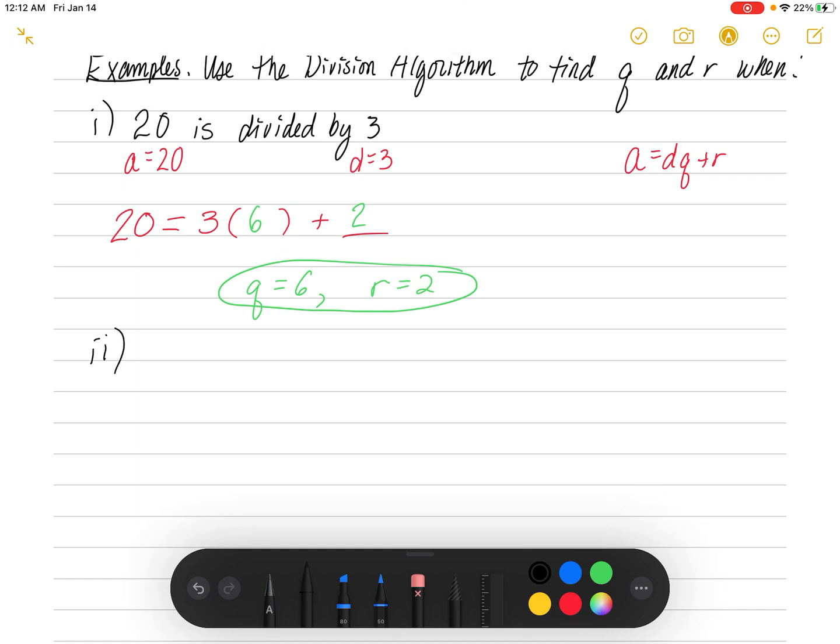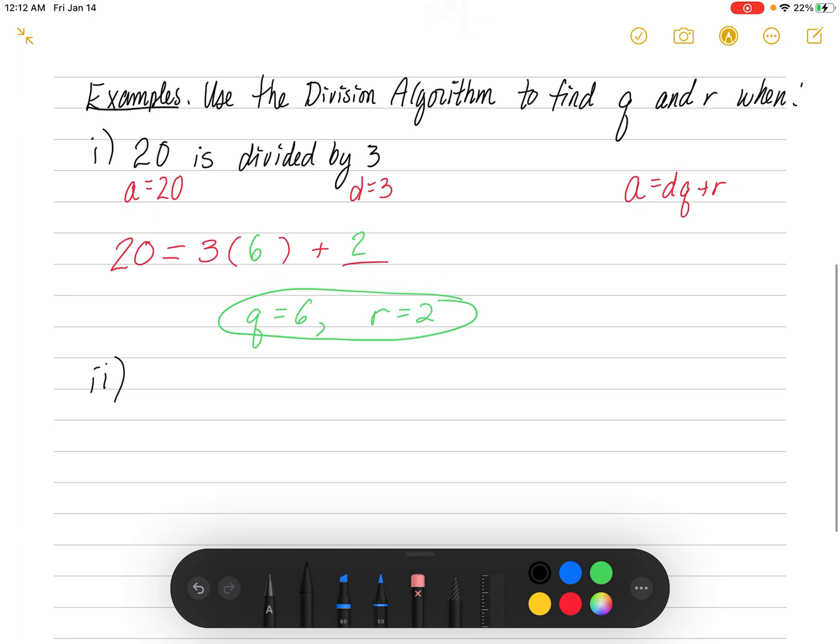So use the division algorithm to find the Q and the R when this time our A is 212 and our D is 5. So we're going to say 212 is divided by 5.